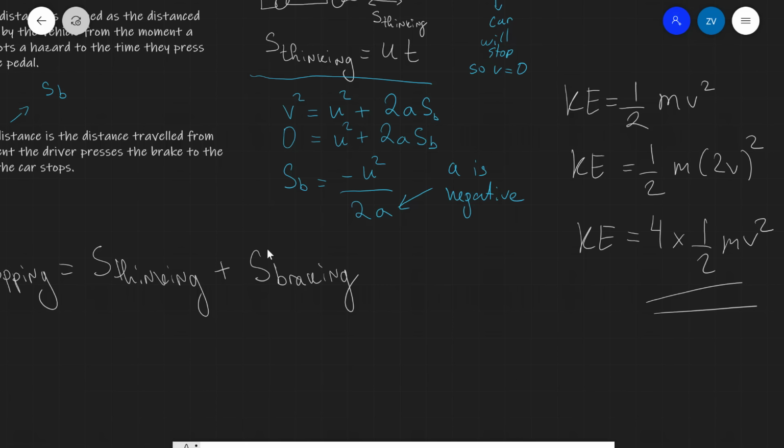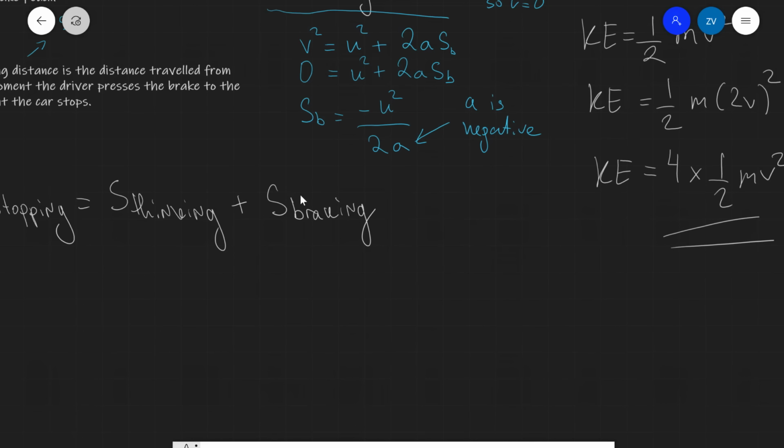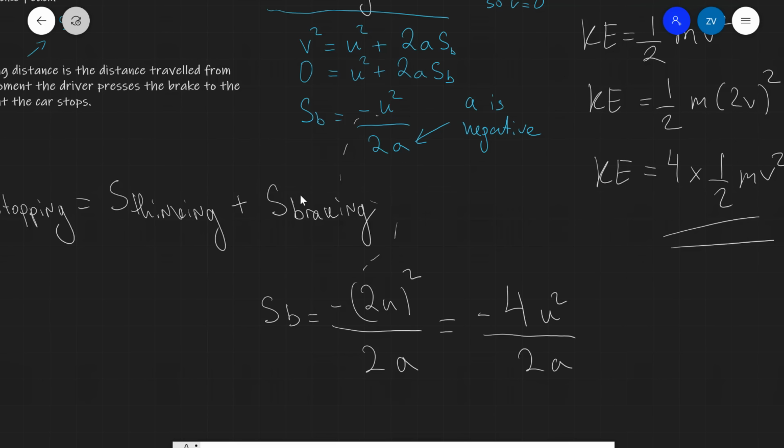Additionally, if our speed increases a little bit, then our braking distance will increase by this factor squared. So let's say that we have our initial speed to be 2u, then our braking distance will essentially increase by a factor of 4, because we get 4u squared, since it's 2 squared over 2a.